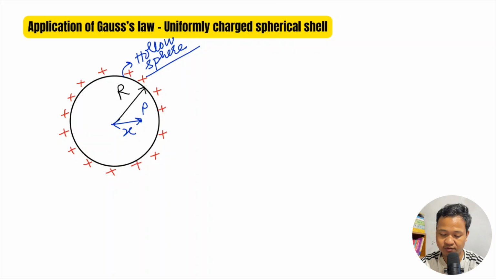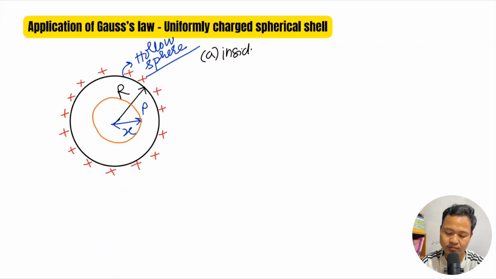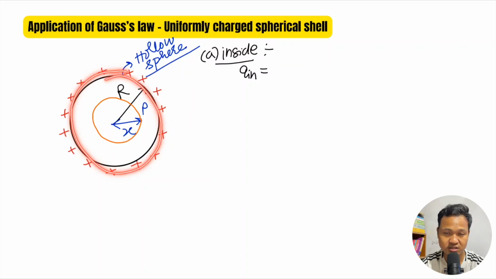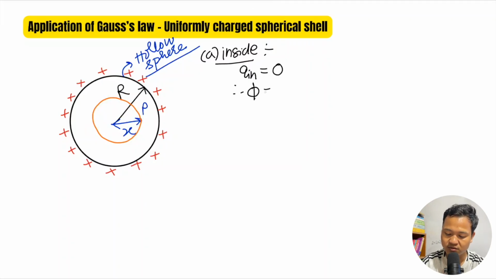Inside, first I will draw a Gaussian surface. Let's say this is the Gaussian surface. The charge lies on the outer surface of the sphere, so the charge enclosed by the Gaussian surface, Q in, is 0, therefore the flux is 0.